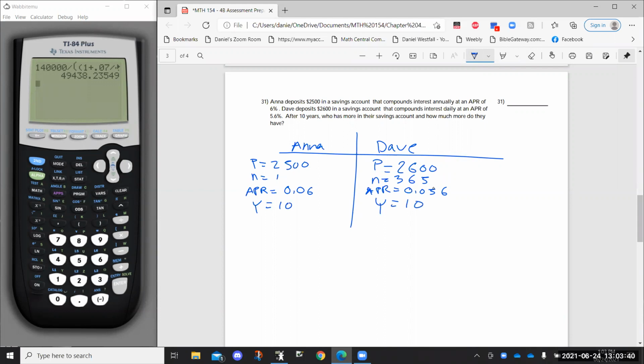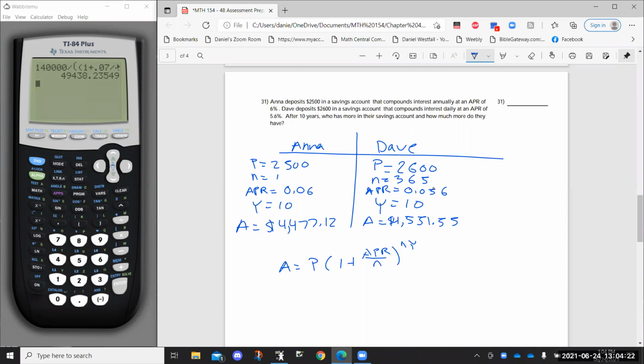And so I can make the calculation here with the formula that A is equal to P times 1 plus APR over N to the NY, and come up with a calculation here that A is equal to 4477.12 for 10 years here, and A is equal to 4551.55 for Dave.